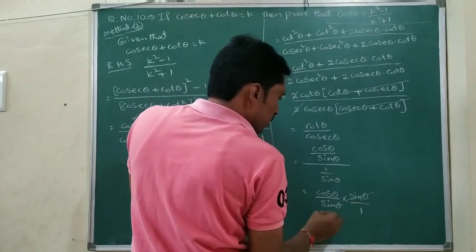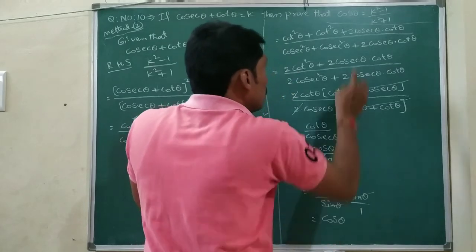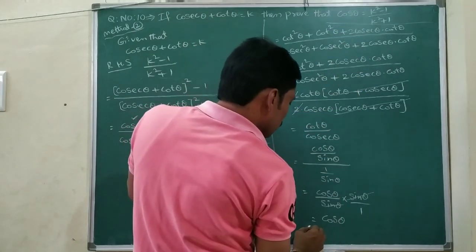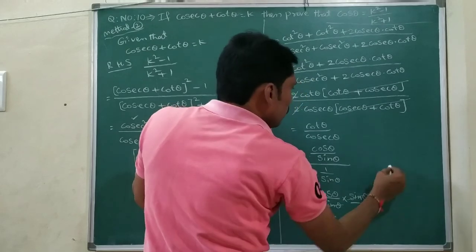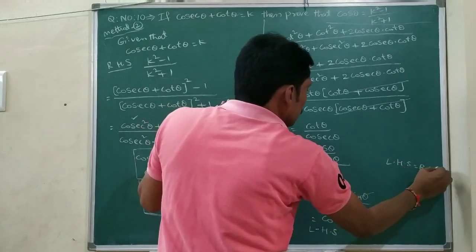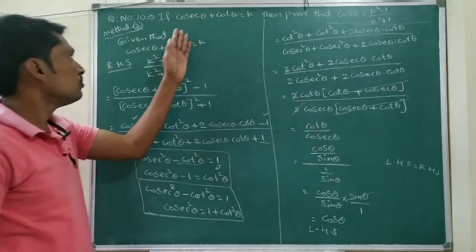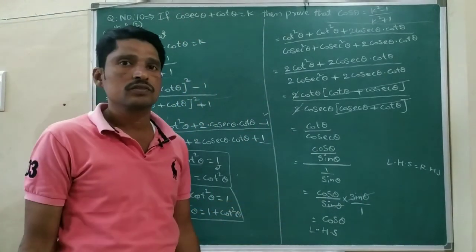Sin theta gets cancelled. So what is remained? Just cos theta only. So cos theta means this is LHS. So here we got it, LHS equal RHS. Here we took RHS and proved LHS.